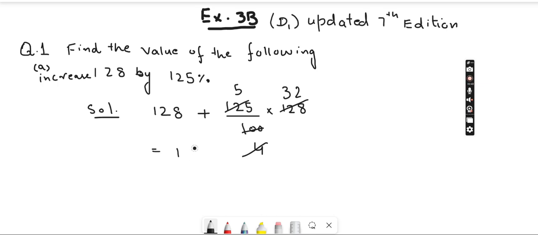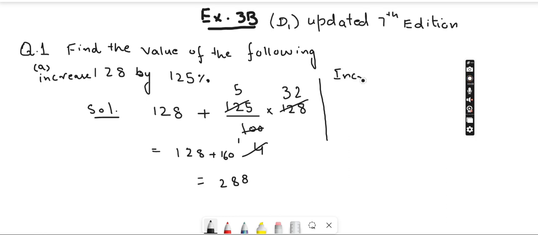Okay, I'm doing it with 28, then we'll do with 128 as well. So the final answer comes 288, but actually it was 28, so we'll do it with 28 as well.